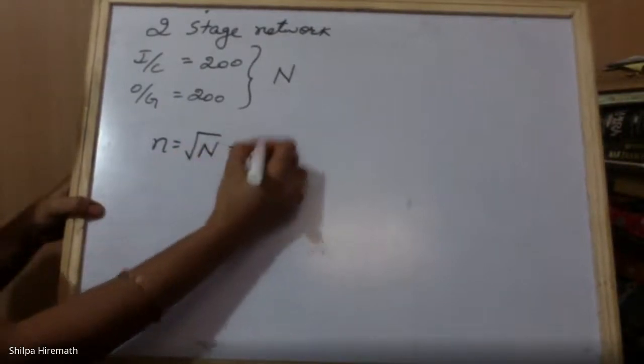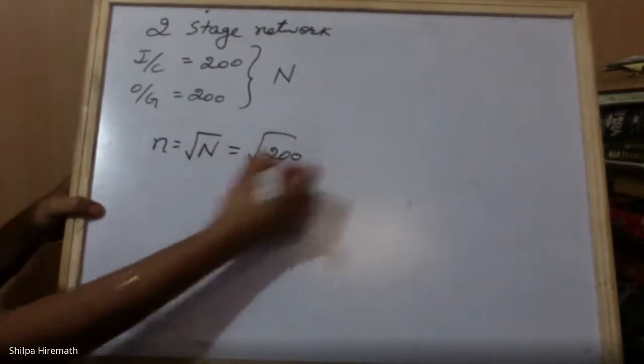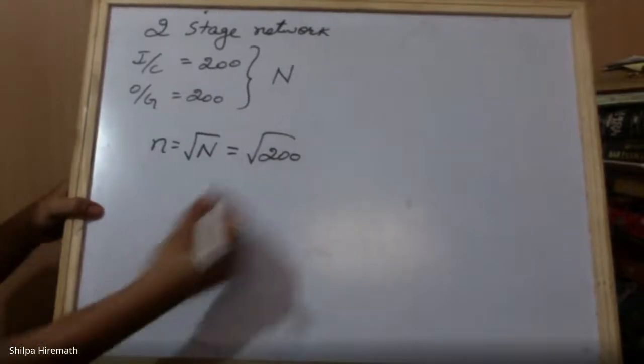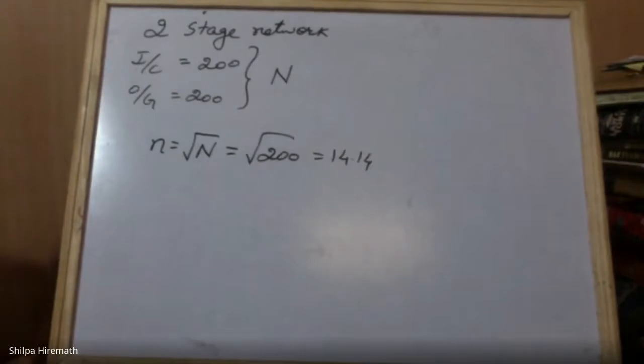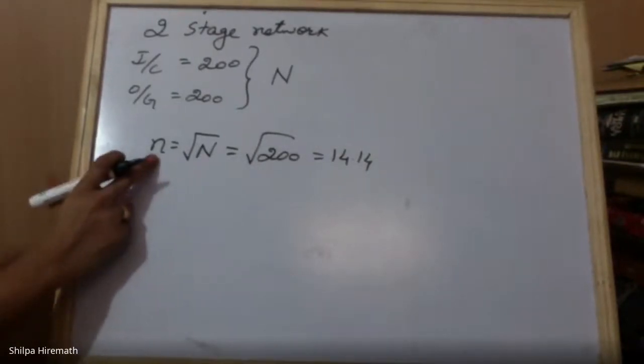This is equal to root of 200. So what will be the value of n? It will be 14.14. Yes. So here n, whatever we are considering, must be a factor of 200.